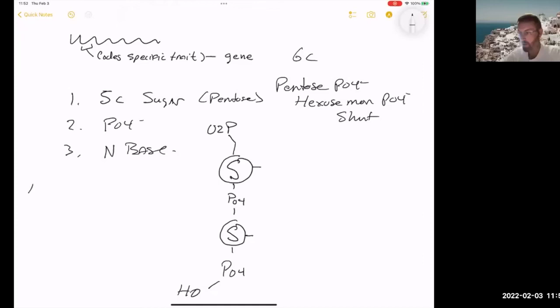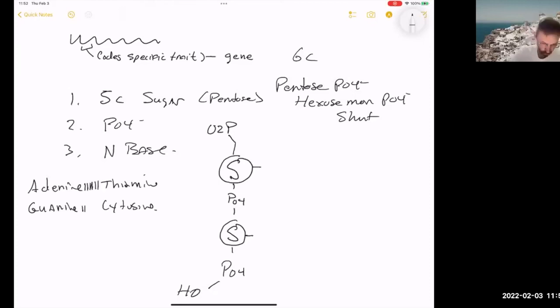You have adenine, you have guanine, you have thymine, and you have cytosine. And adenine can only combine with thymine, and guanine can only combine with cytosine.